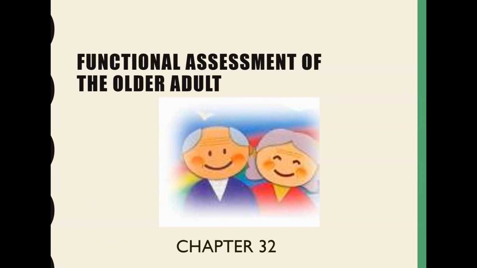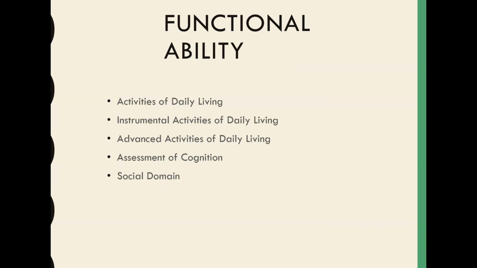We've discussed these before. I don't feel like I need to go into that again as far as their ADLs, but I would like for you guys to know the difference between activities of daily living, instrumental activities of daily living, advanced activities of daily living, and assessment of cognition and social domain.